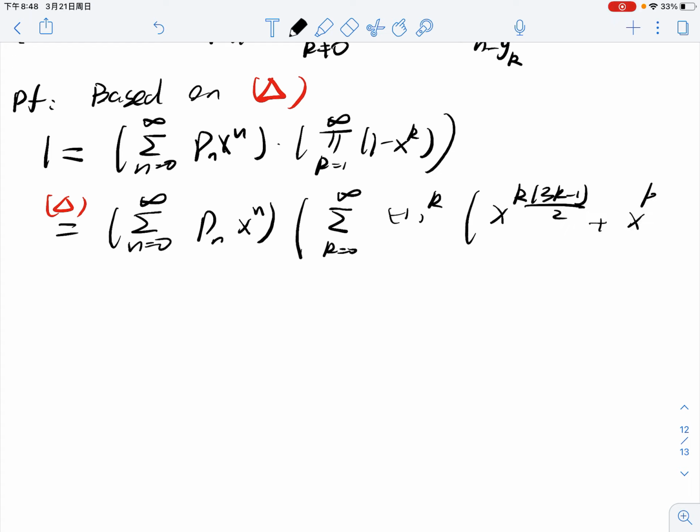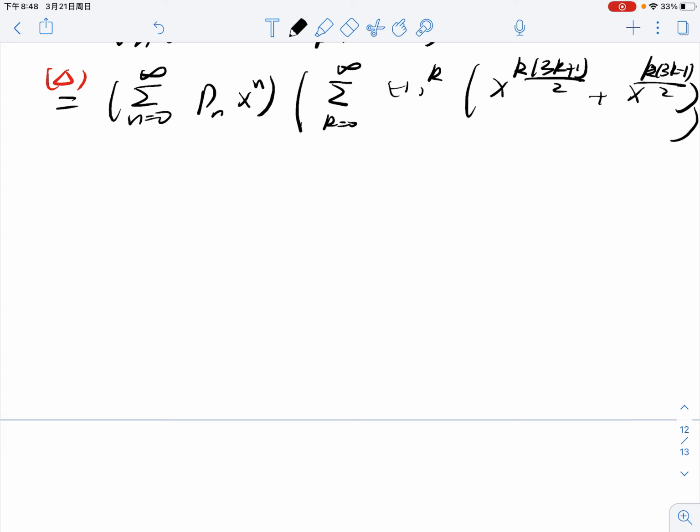And if you look at the coefficients of xn, you notice that now here you should have 1 plus and starting from 1. Yes, this is true.